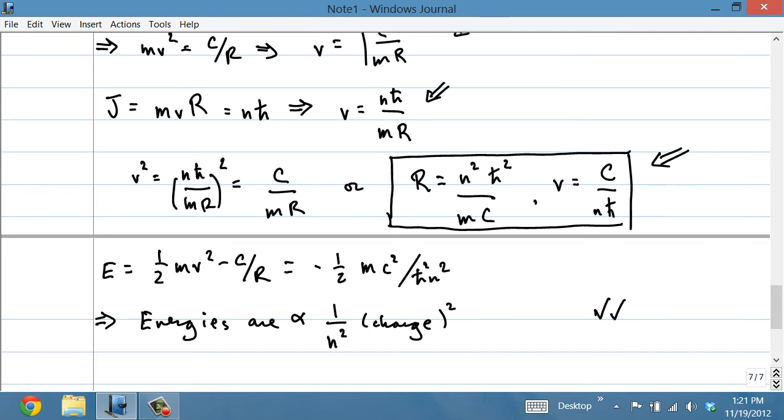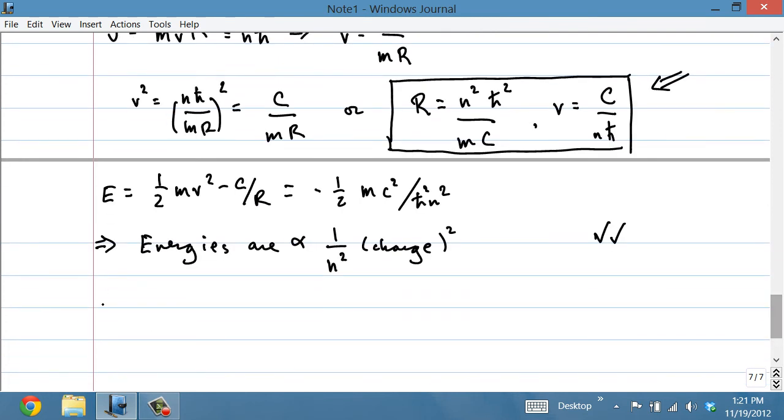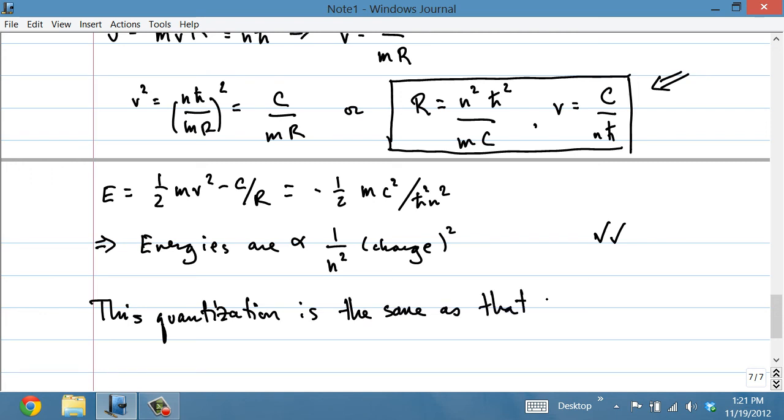The point that I would really like to emphasize, however, is that this quantization is the same as that of a wave, a standing wave on a string of finite length. So let's understand exactly how that works.